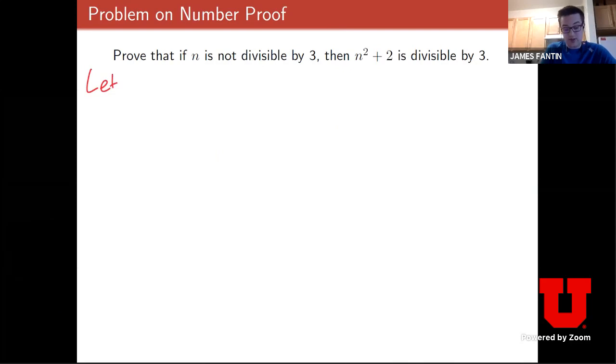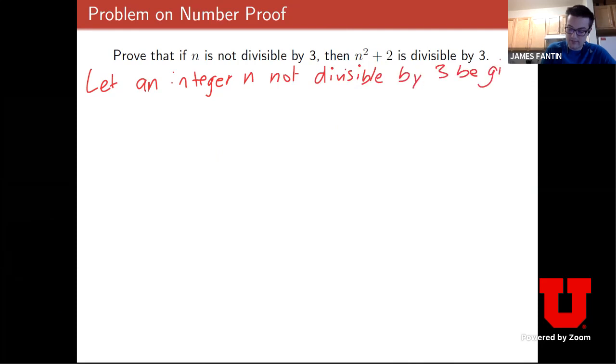Here we've introduced this value n, so we're just going to say: let n be an integer not divisible by 3, be given. That's our restatement of the problem. Restate problem.